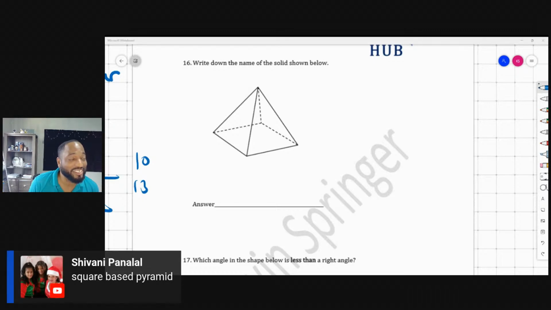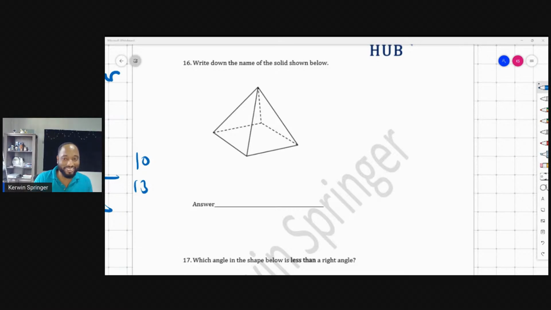Square base pyramid. Shivani, and Shivani's from my class. Shivani, big up yourself. Some people said triangular base pyramid in the hustle. It is a square based pyramid.